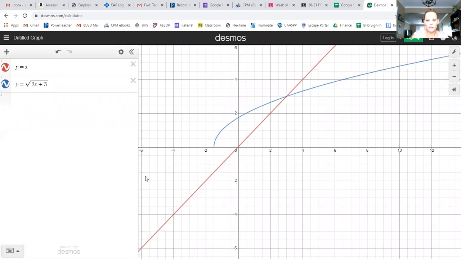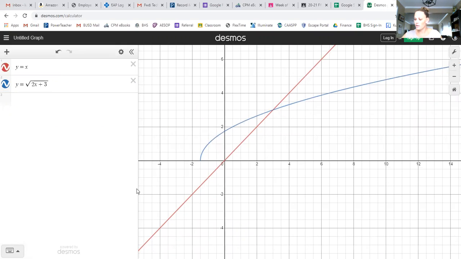So let's go ahead and sketch this for part D. So the line y equals x, we know, has a slope of 1, so it goes through 1, 1, 2, 2, 3, 3.